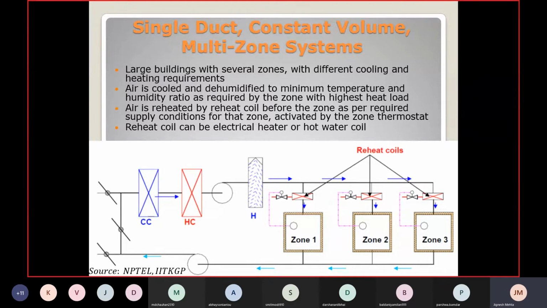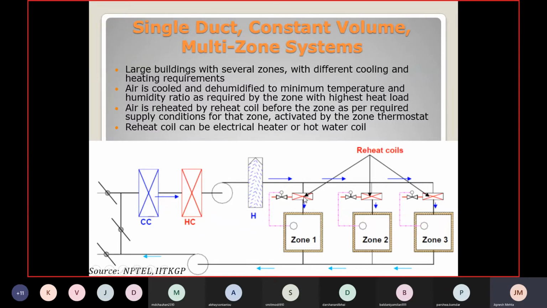So you are again increasing the temperature of the cool air. Of course, you may find it a bit odd, because you are supplying cool air, and then you are again reheating it, right?